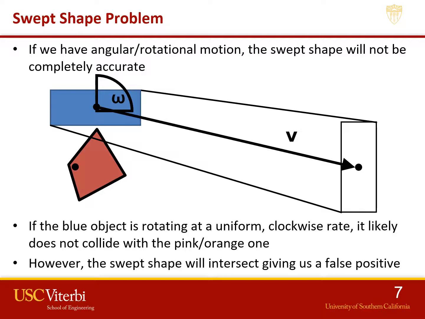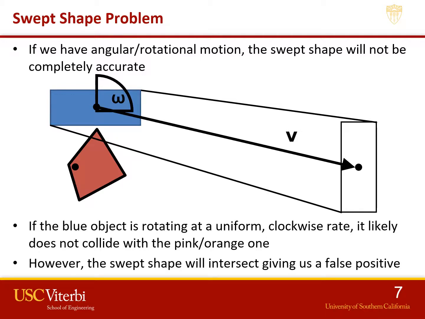So let's say, for example, in this case, we have this blue rectangle that starts here and it ends over here. If we sweep it by just creating the outer boundaries around it, we'll get these lines that we have here, and we'll see that this swept shape clips through the red shape.